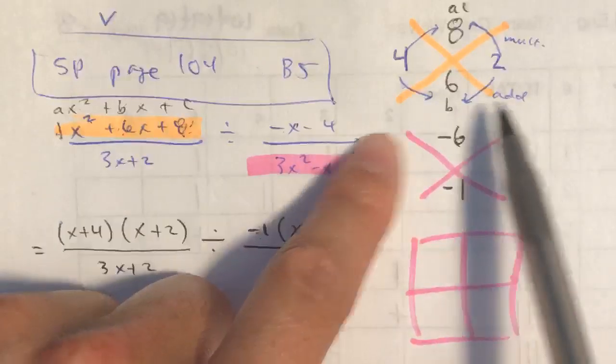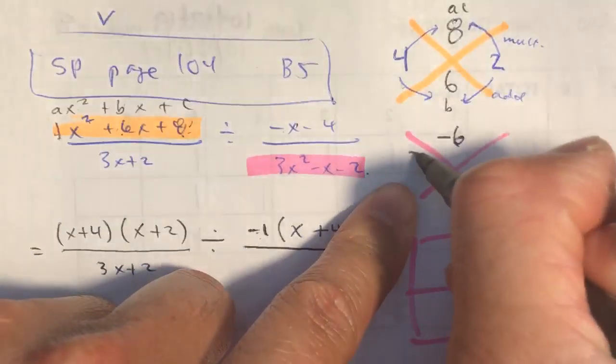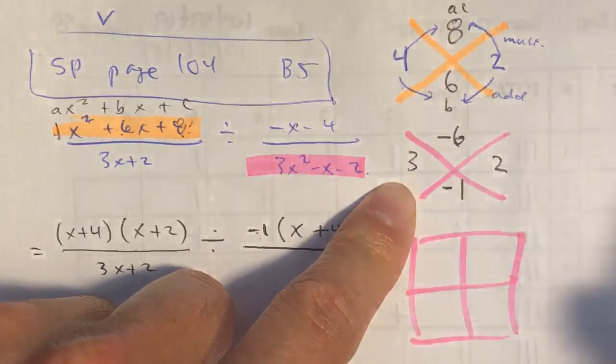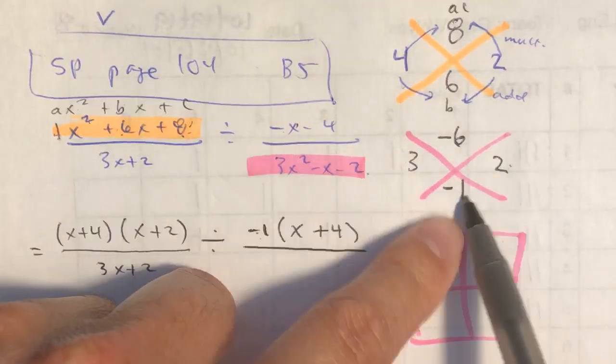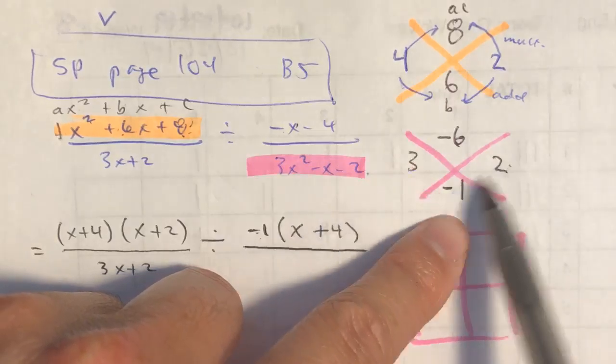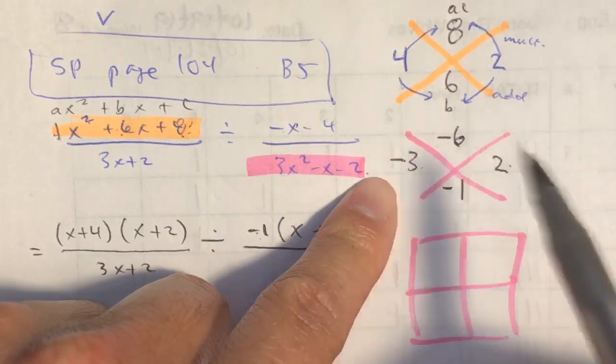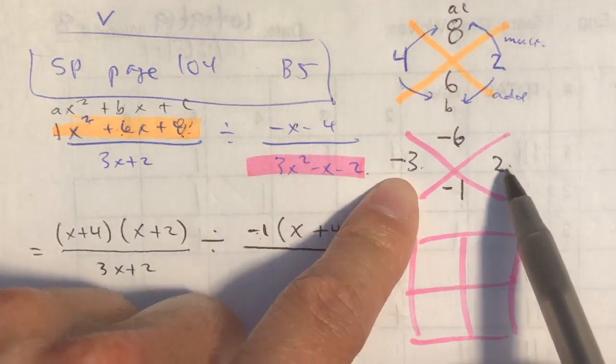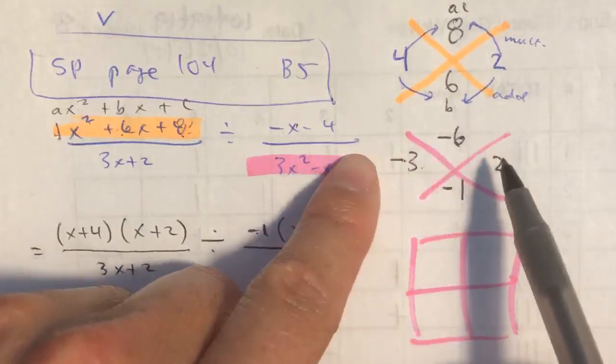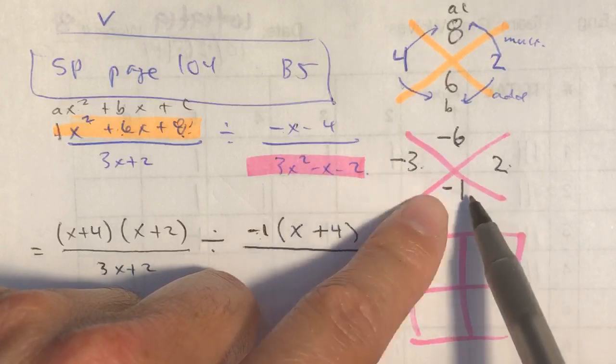Two numbers that multiply to be negative 6, I'm thinking, are 3 and 2. And when I add them together, it has to be a negative number, so that means the bigger number has to be negative. Negative 3 times 2 gives me negative 6, and negative 3 plus 2 gives me negative 1.